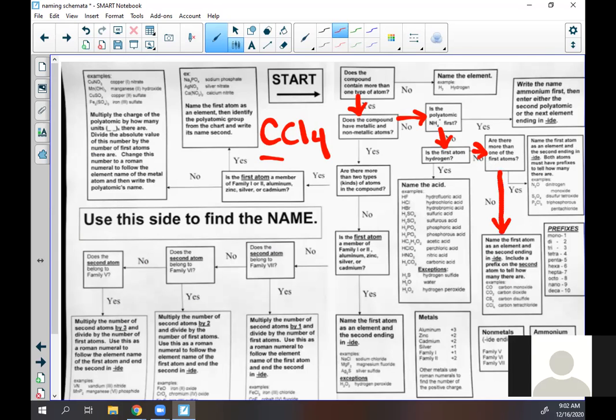Is this the only box where we do the prefix thing? There's two places you do the prefixes, right here and right here. Those two are the only ones with the prefix, because they're covalent. All right, so name the first atom as an element. That's carbon. Then it says the second one ending in "ide," so that's chloride.